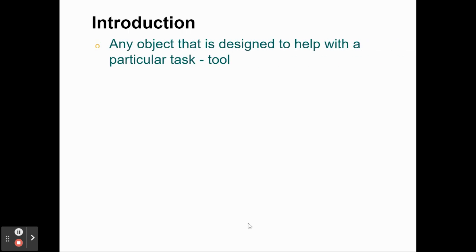All right. So, in terms of tools, any object that has been created with its major purpose being to make our lives or a particular job or activity that we're doing easier or simpler, that by definition is going to be a tool.